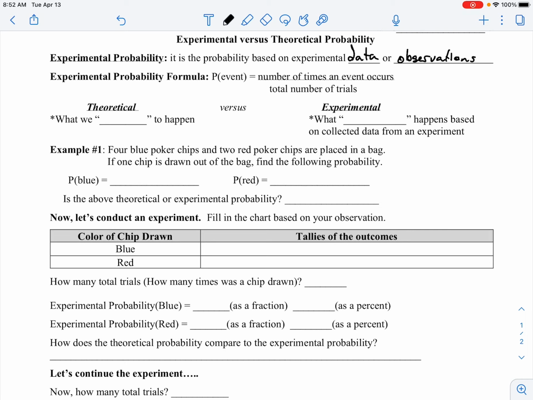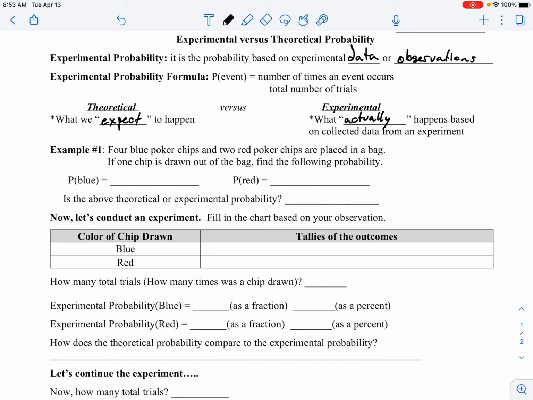So, an easy way to put this, theoretical, like I have said, what we expect to happen, where experimental is what actually happens when we do an experiment and collect data from it.